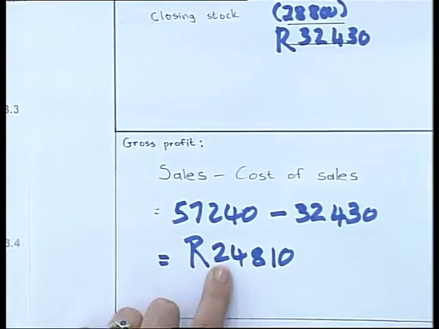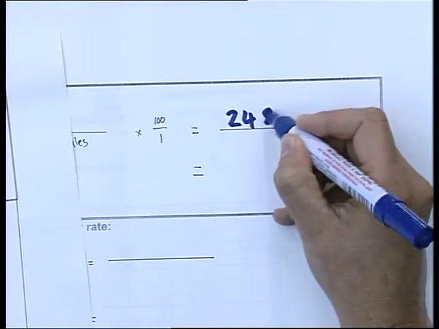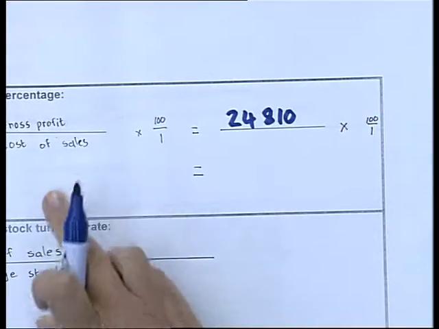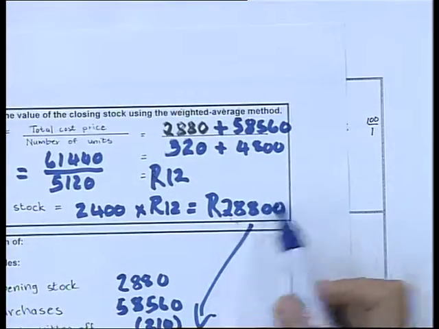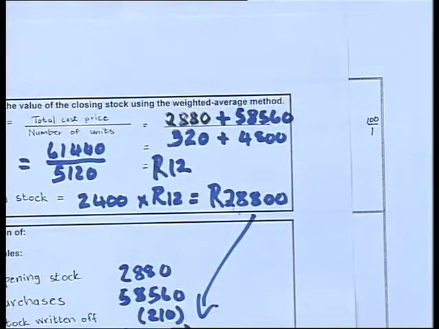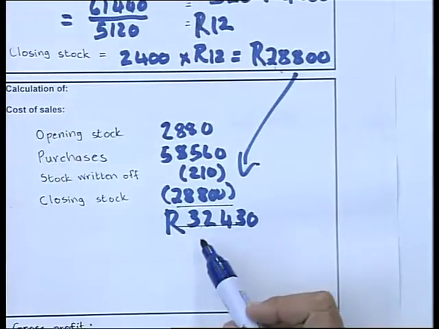So we've just calculated the gross profit. There it is, 24810. So we say 24810 divided by the cost of sales. There it is, 32430. That's the cost of sales that we've calculated.